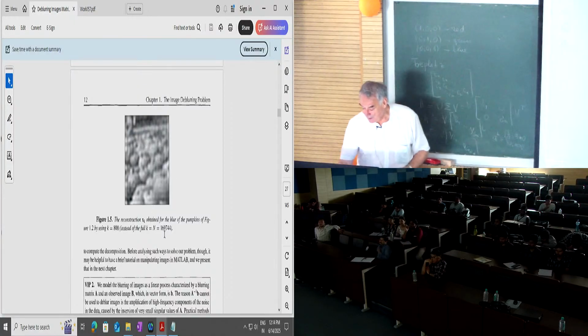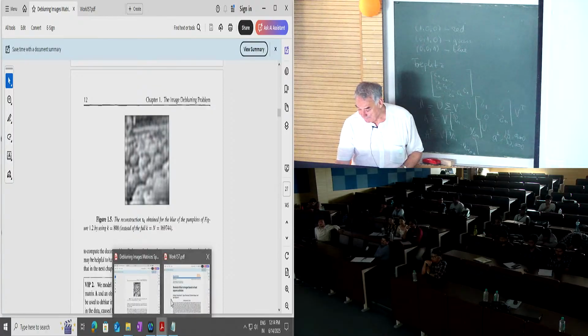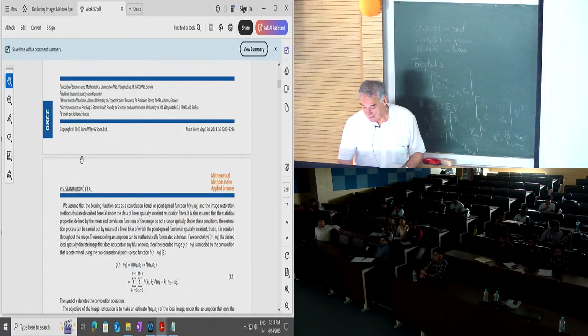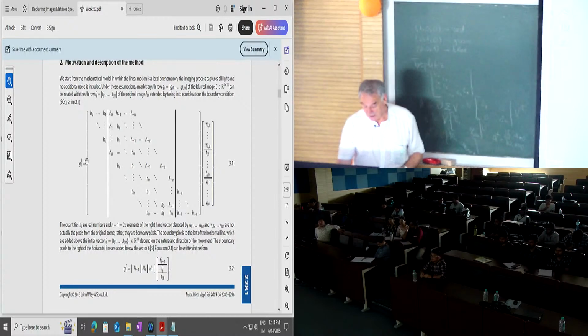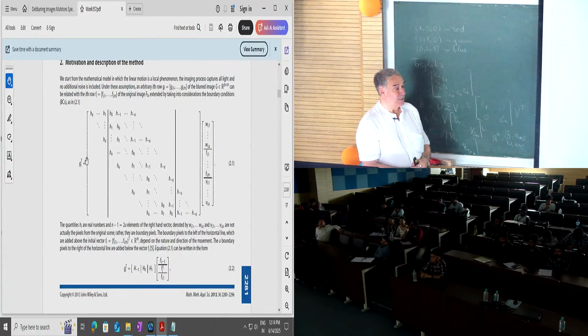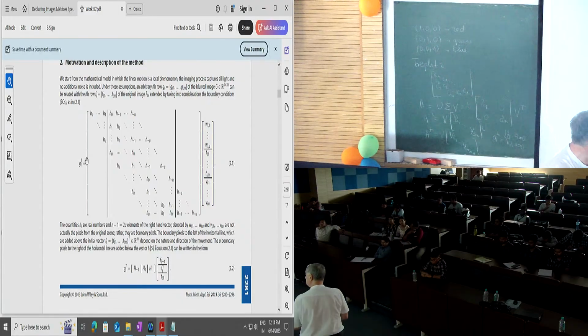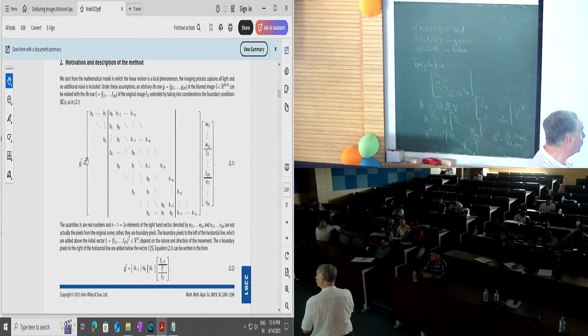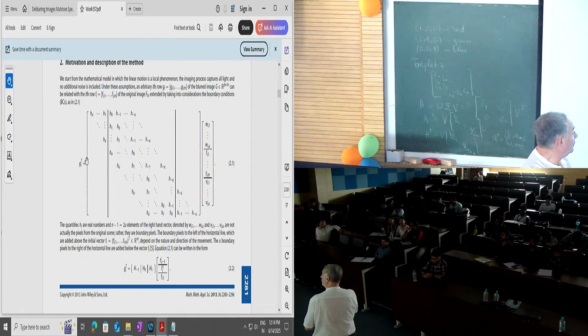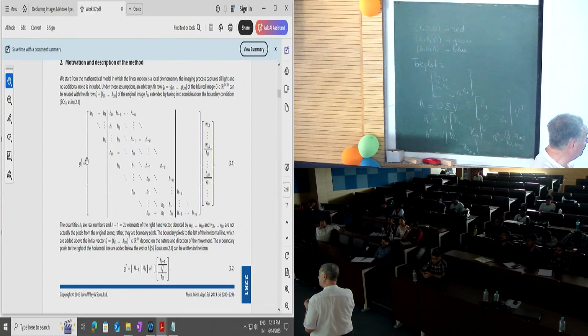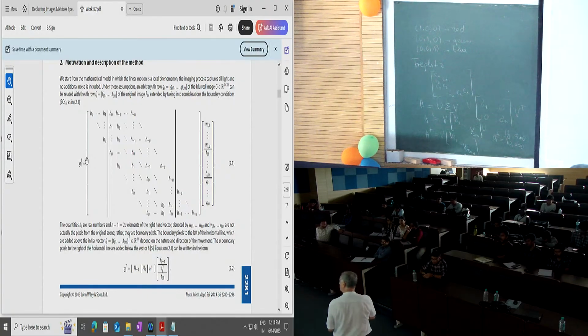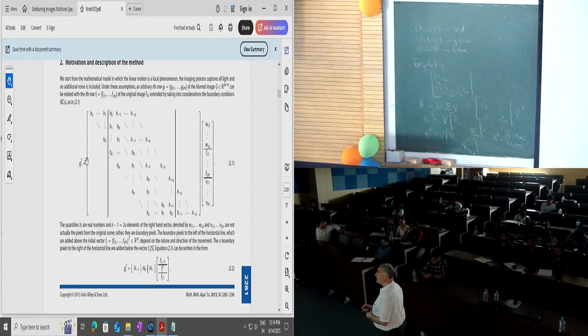In one of our papers, we used least square solutions to solve the problem of image deblurring. Here is the mathematical model of uniform deblurring. A Toeplitz matrix with main diagonal parallels is included. Why these blocks?